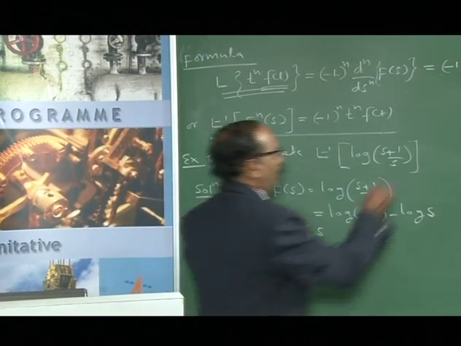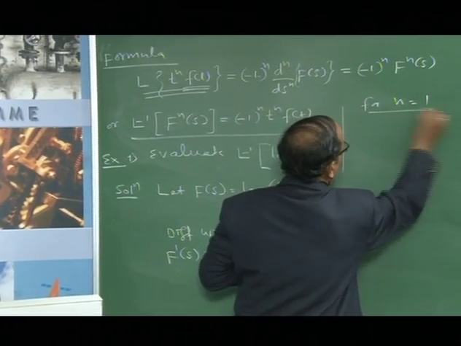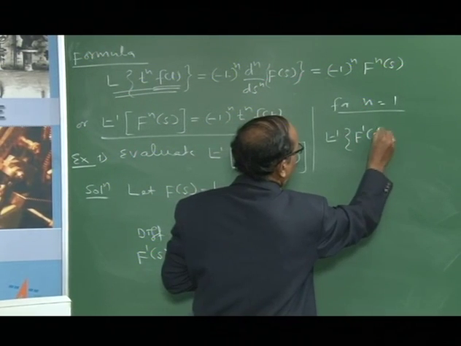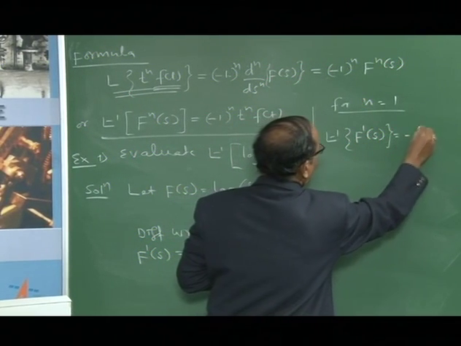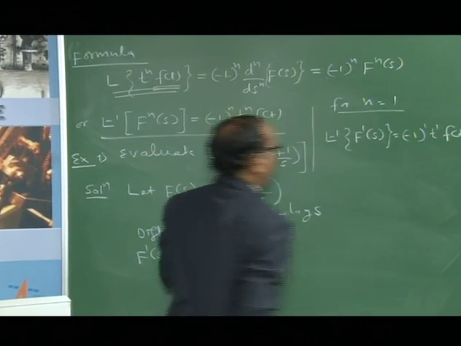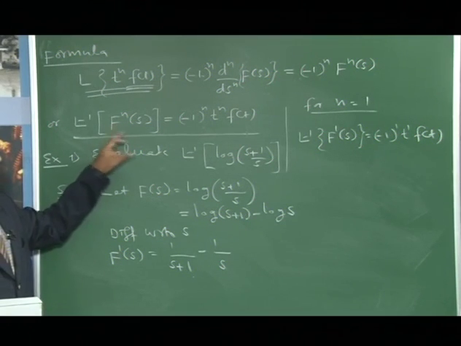For n equal to 1, the main formula is reduced to f1 s, that is f dash s, is equal to minus 1 raised to 1, t raised to 1 f of t. The main formula reduces to this by putting n is equal to 1 here.